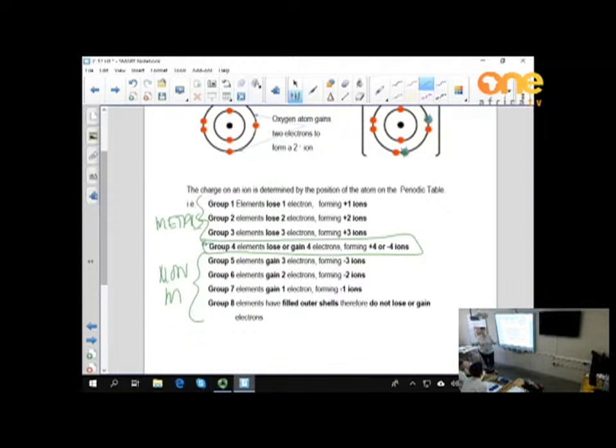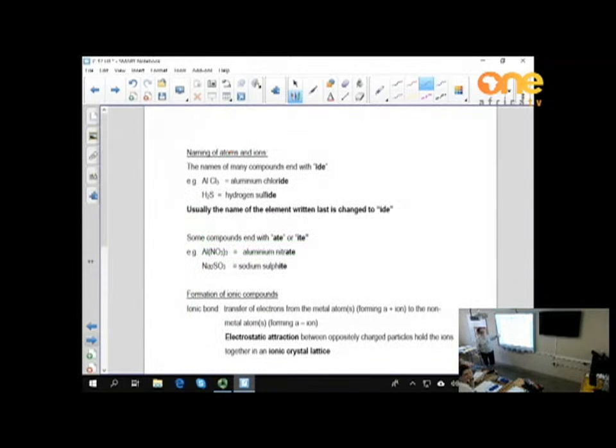Hydrogen chloride is covalent. Now, naming of atoms and ions, people, we've done this before. It's not difficult. Remember, when we name a compound, if a compound consists of, let me say, magnesium and oxygen, we don't call it magnesium oxygen. We call it magnesium, and we change the second one to IDE, magnesium oxide.